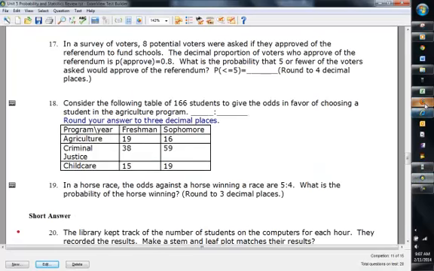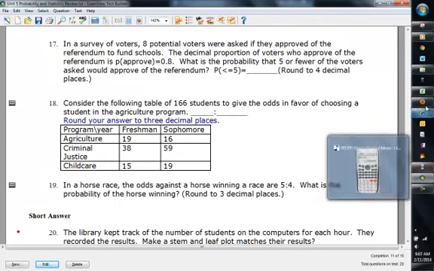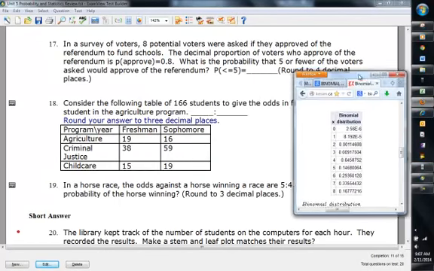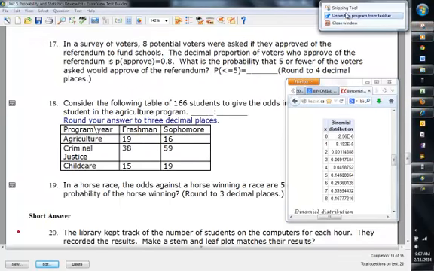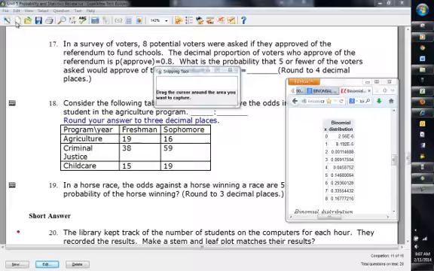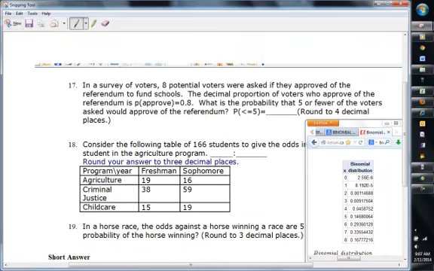So here's the chart, and it goes with this question right here. All right. So 8 potential voters, we want out of those 8, 5 or fewer. So 5, 4, 3, 2, 1, and 0. All right, round to 4 decimal places.